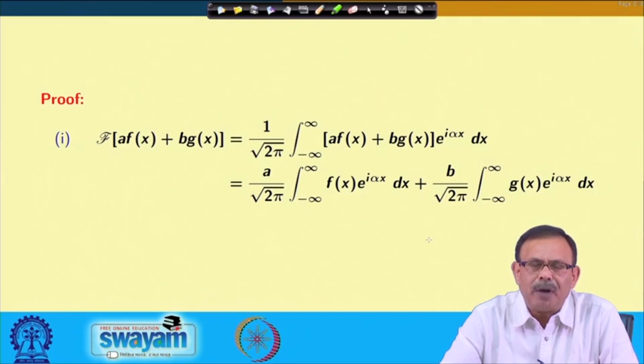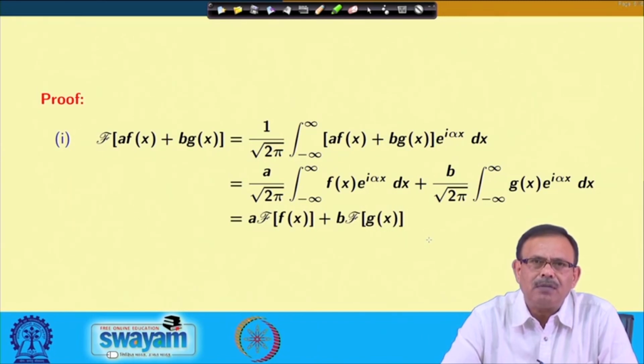One is minus infinity to infinity f x e power I alpha x dx, plus b by root 2 pi, minus infinity to infinity g x into e power I alpha x. The first integral is nothing but a into Fourier transform of f x. Similarly, the second integral is nothing but b into the Fourier transform of g x. So, this completes the proof of the linearity property of Fourier transform.